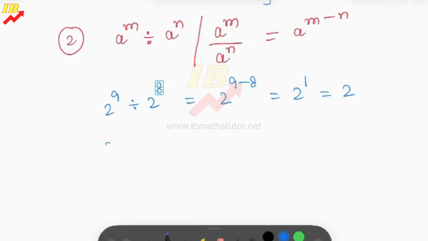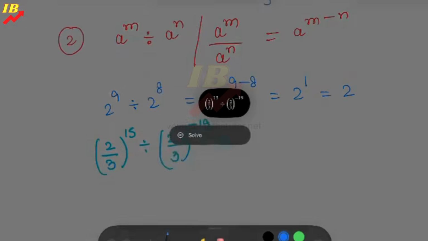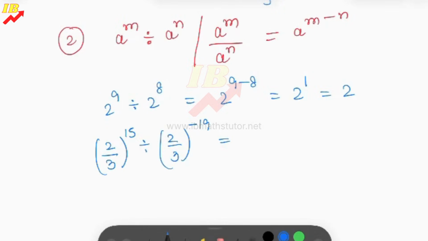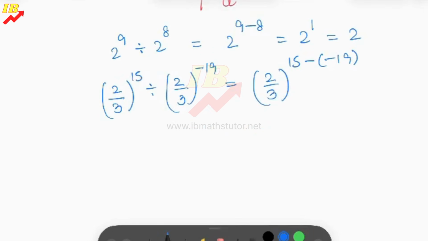If I'm writing 2 over 3 to the power 15 divided by 2 over 3 to the power negative 19, then we are going to solve it. So it's 2 over 3 to the power 15 minus negative 19, because here the indices are 15 and negative 19.